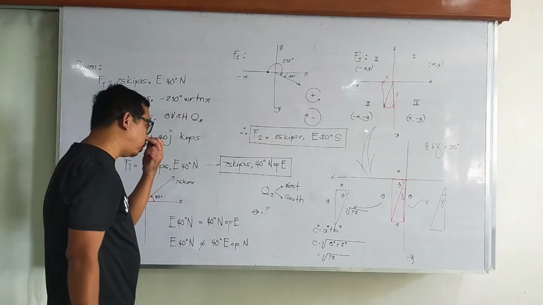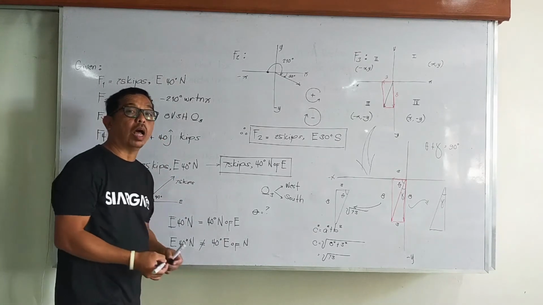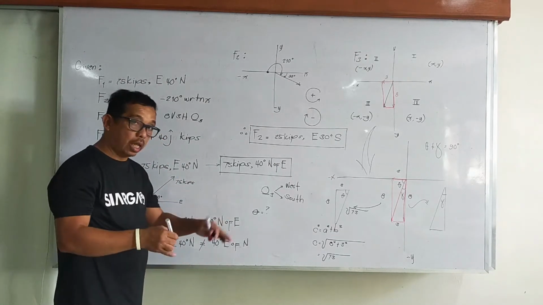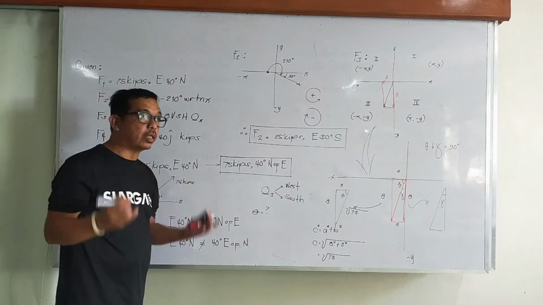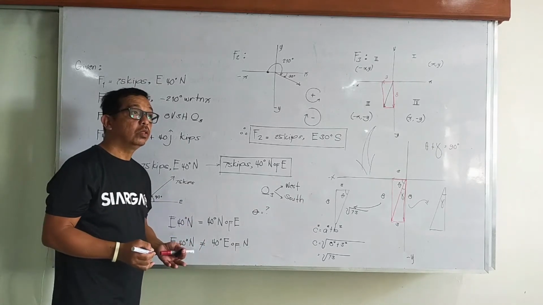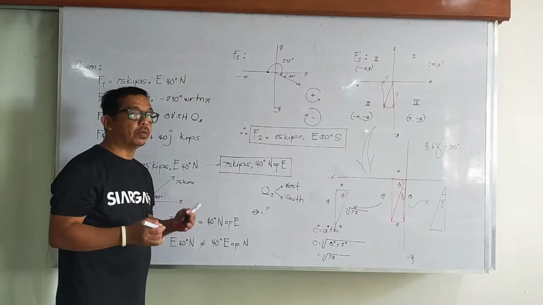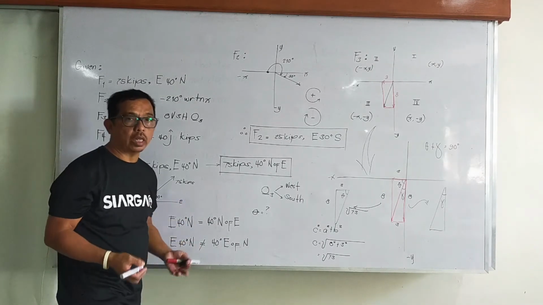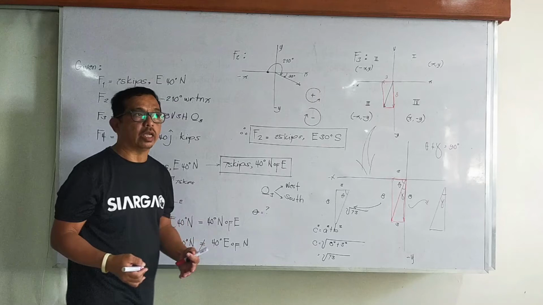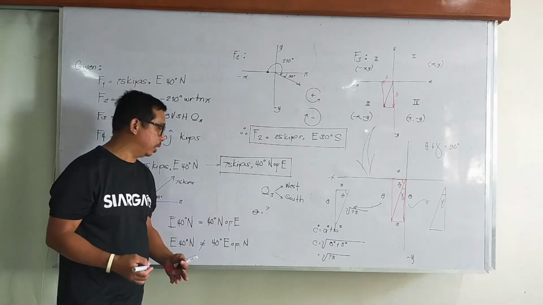we will make use of the SOHCAHTOA. Again, based sa triangle, kapag right triangle ang figure, solving for the angle, mayroon tayong sine, opposite over hypotenuse, cosine, adjacent over hypotenuse, and for tangent, opposite over adjacent side.